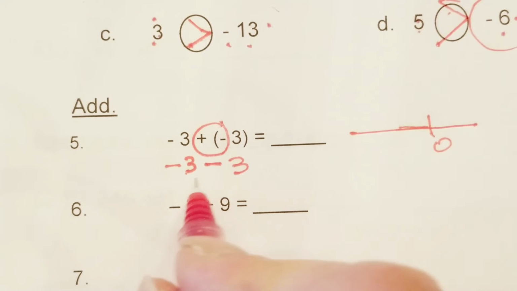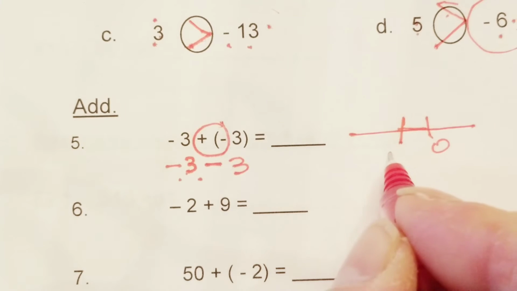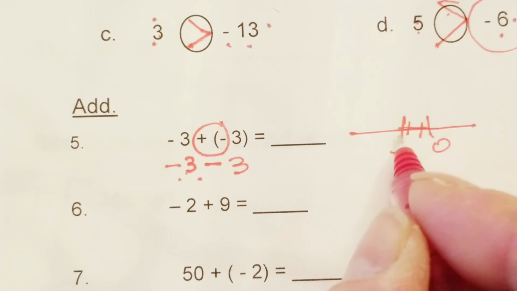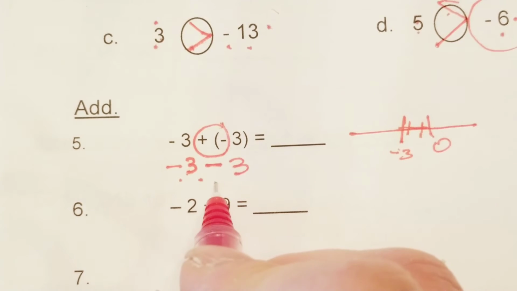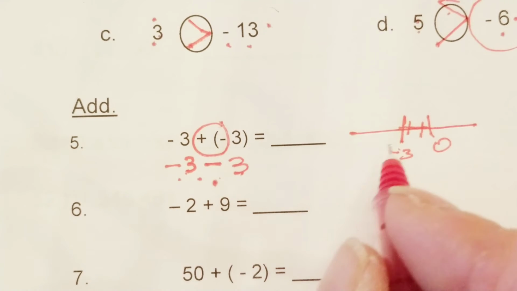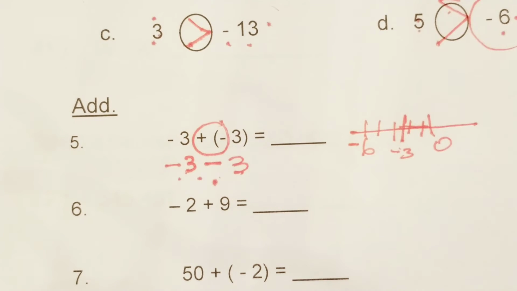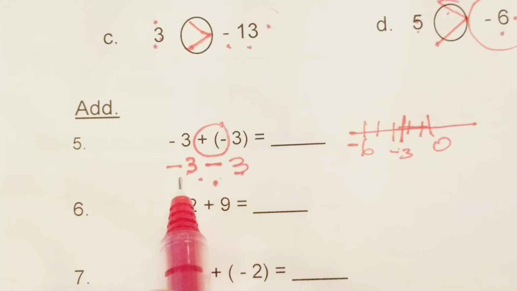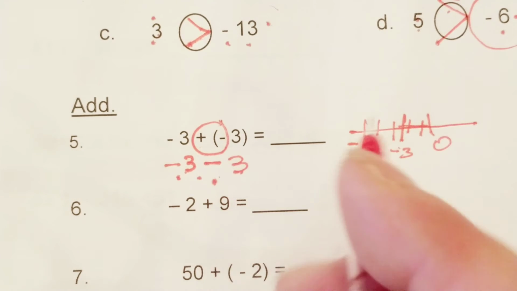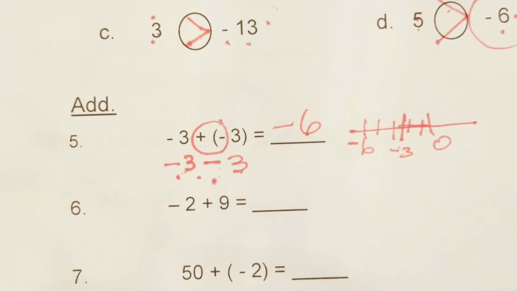I'll go 3 spaces to the left. So 1, 2, and -3. And then I'm going to go an additional 3 spaces, but negative, so we're going to keep moving to the left. 1, 2, 3, and that's going to land me at -6. So -3 plus a -3 is -6. So two -3s gives you -6.